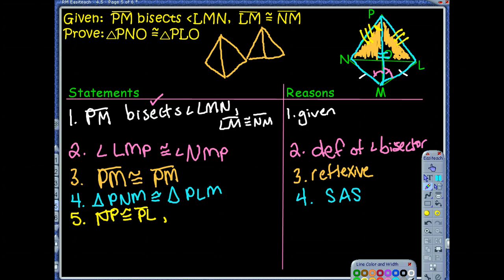So angle NPM is congruent to angle LPM. And that's because of CPCTC. So we have several things that we could talk about being congruent. Those are going to be the ones that are most helpful because the angles that are not marked yet, really only part of it is in the triangles that we're trying to prove congruent.